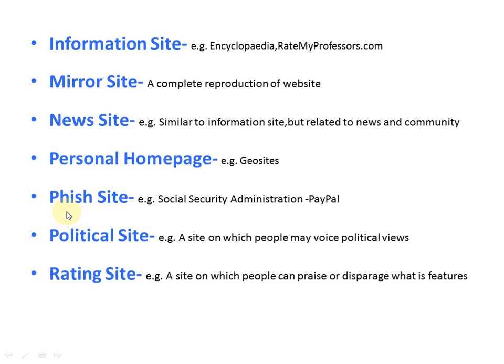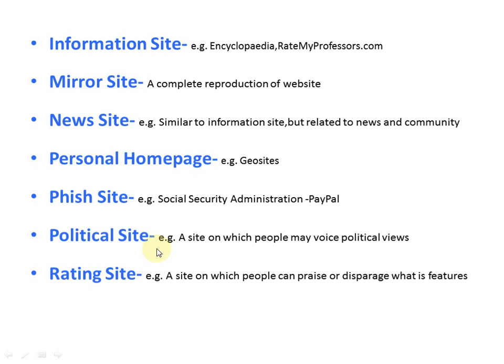Next is phishing site, a website created to fraudulently acquire sensitive information such as passwords and credit card details by masquerading as a trustworthy person or business, such as the Social Security Administration or PayPal, in an electronic communication.